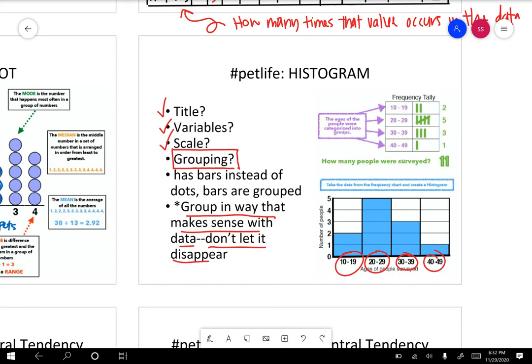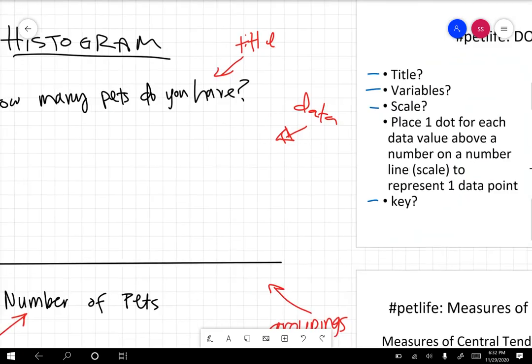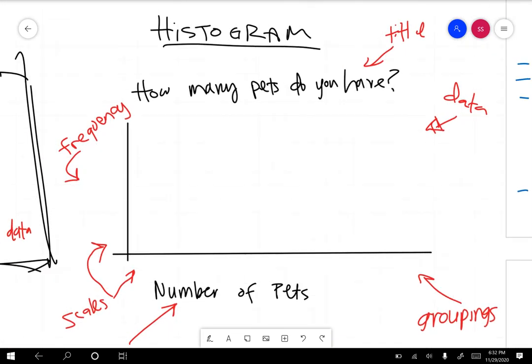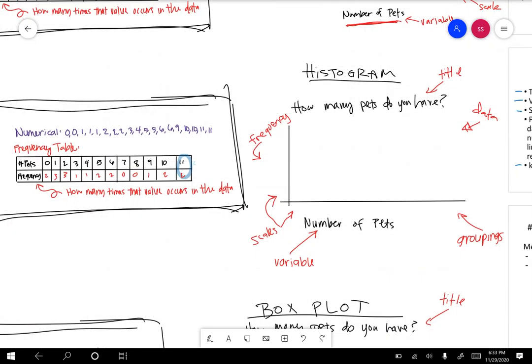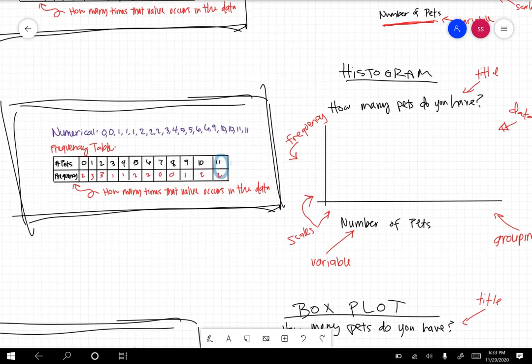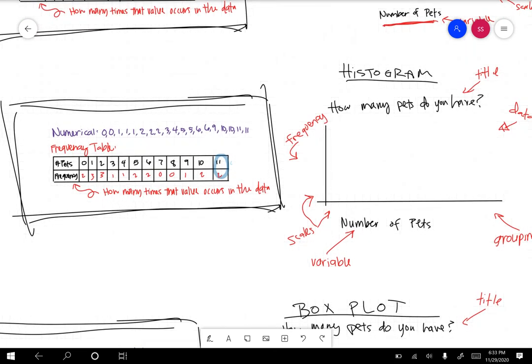Okay, so let's go look at our data to create our histogram. If we check out our data, we know our range already is between 0 and 11, right?